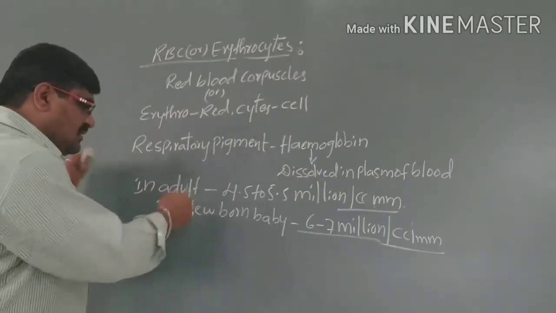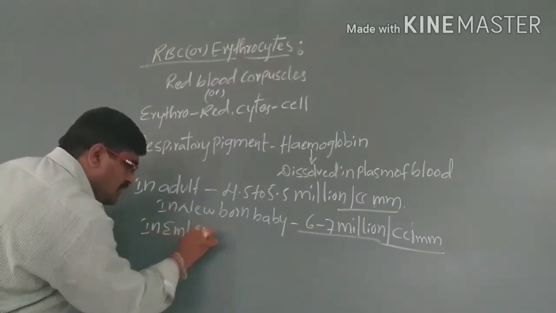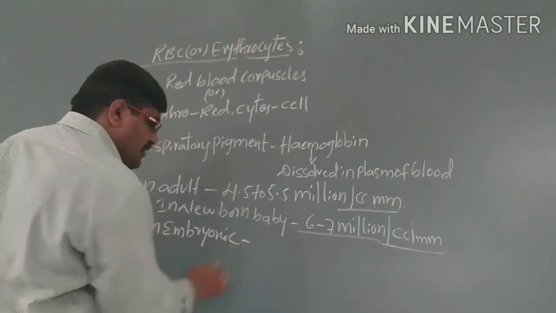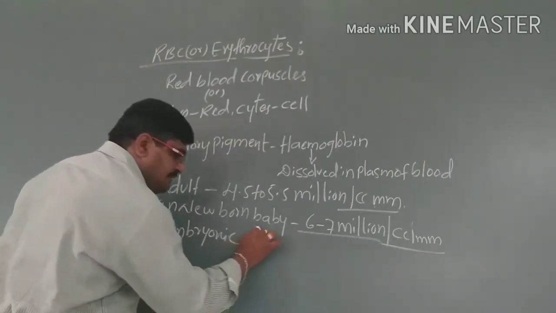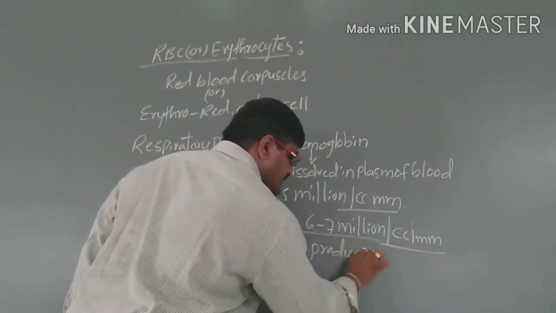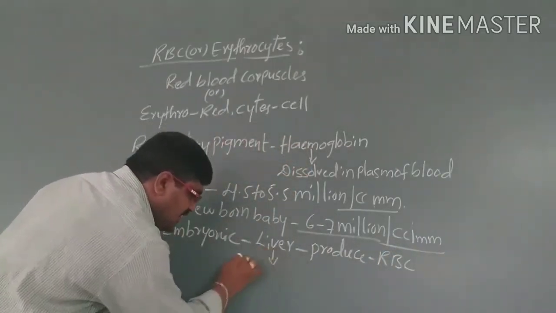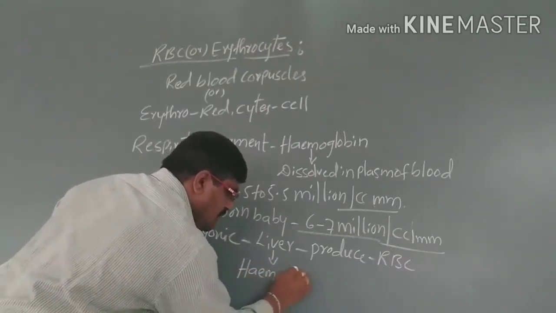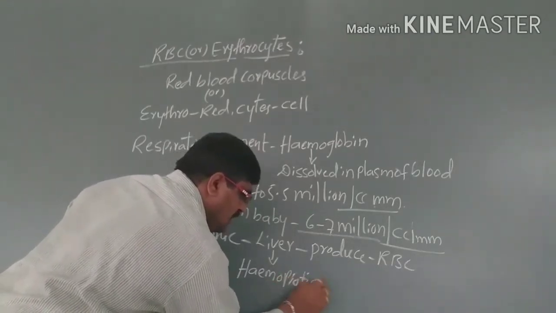In the embryonic stage, the red blood cells are not produced in the bone, because the bone marrow is not present. In the embryonic stage, the liver will produce the RBC, so we can call the liver a hemopoietic organ.